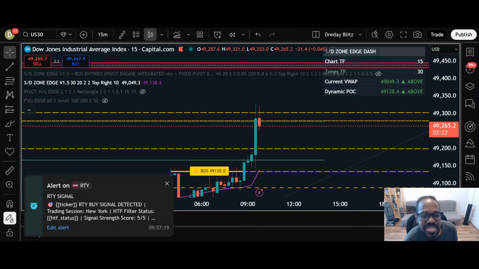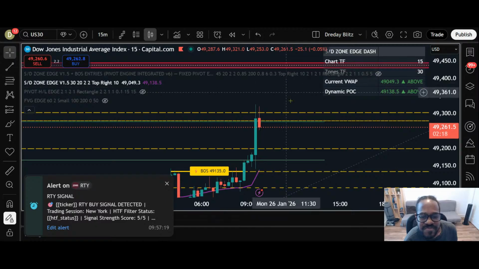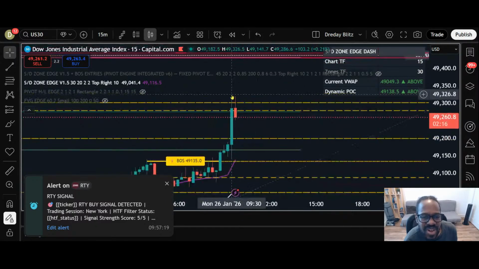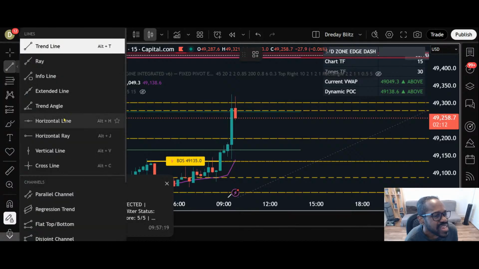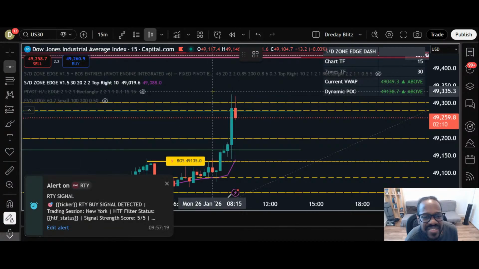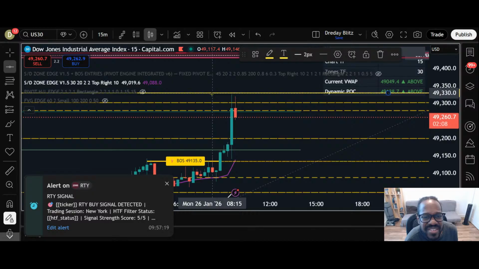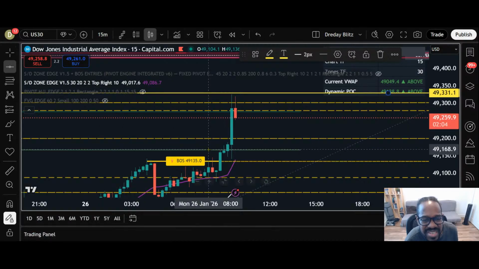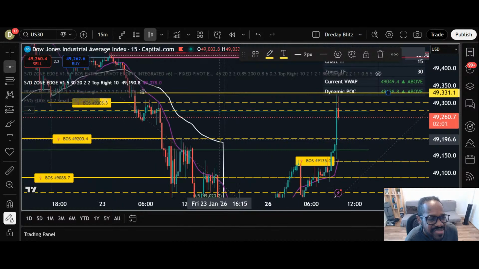So far we have one win. We're looking for a second one. So I have my stop loss pretty much at that point. I'm just going to put my line here. Have it pretty much right here. And my TP is at that fib here.